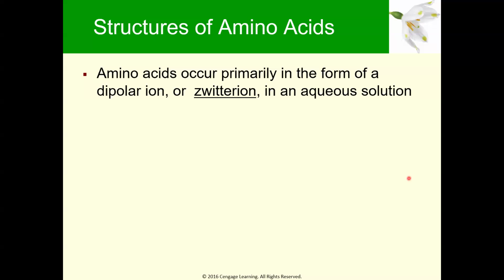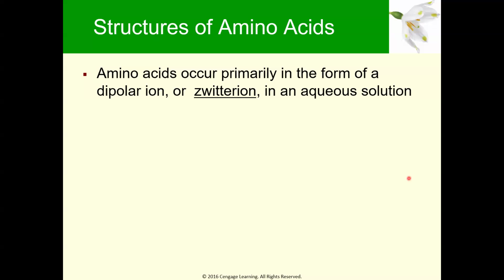But one thing I do want you to know is that at physiological pH, they really don't exist, purely speaking, as a carboxylic acid group and an amine functional group, because the acid behaves like an acid and the base behaves like a base, and so there's a proton transfer from the carboxylic acid to the amine, at pHs that we are accustomed to in living systems.